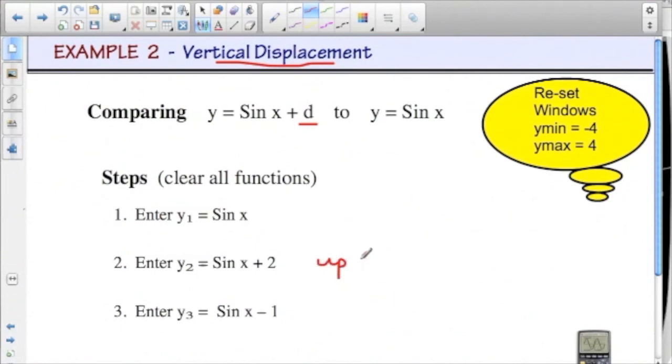We're not going to graph it because you'll see. And this one here, looking at the D, it's down 1. So you'll see those functions like we just did in the previous slide. It's going to be up or down. Okay.